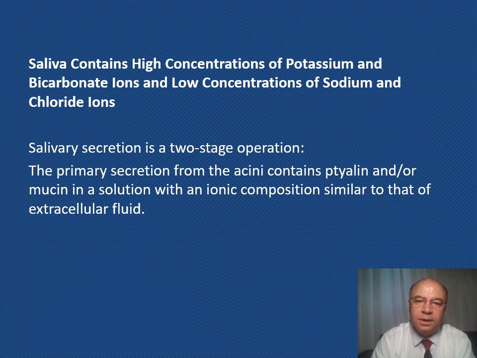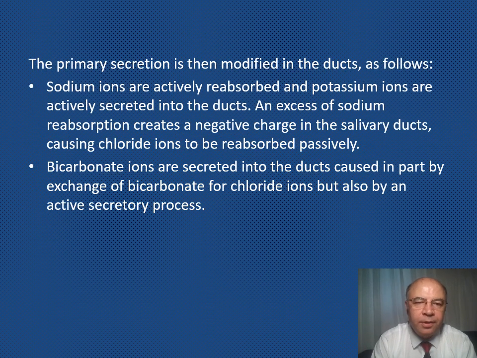Salivary secretion is a two-stage operation. The primary secretion from the acini contains ptyalin and/or mucin in a solution with an ionic composition similar to that of extracellular fluid. The primary secretion is then modified in the ducts as follows. Sodium ions are actively reabsorbed and potassium ions are actively secreted into the ducts.